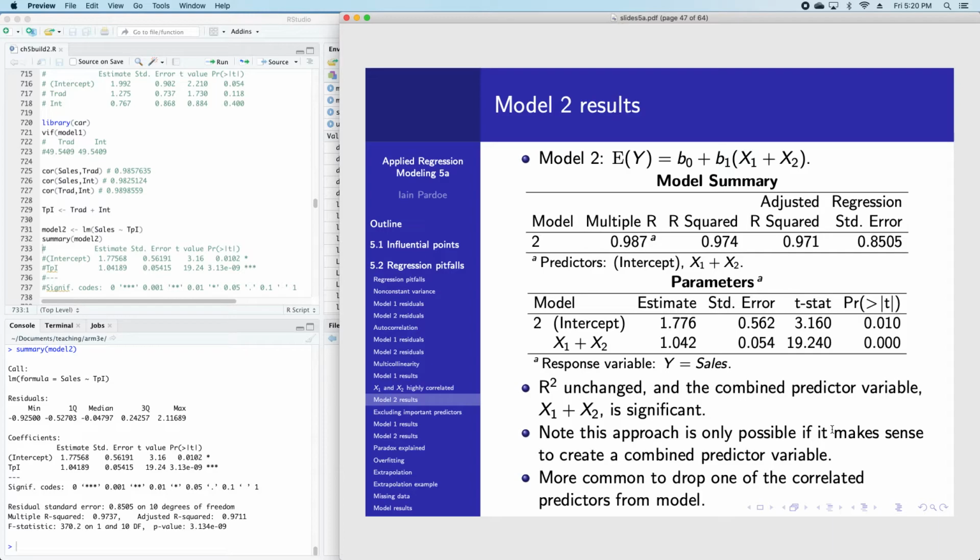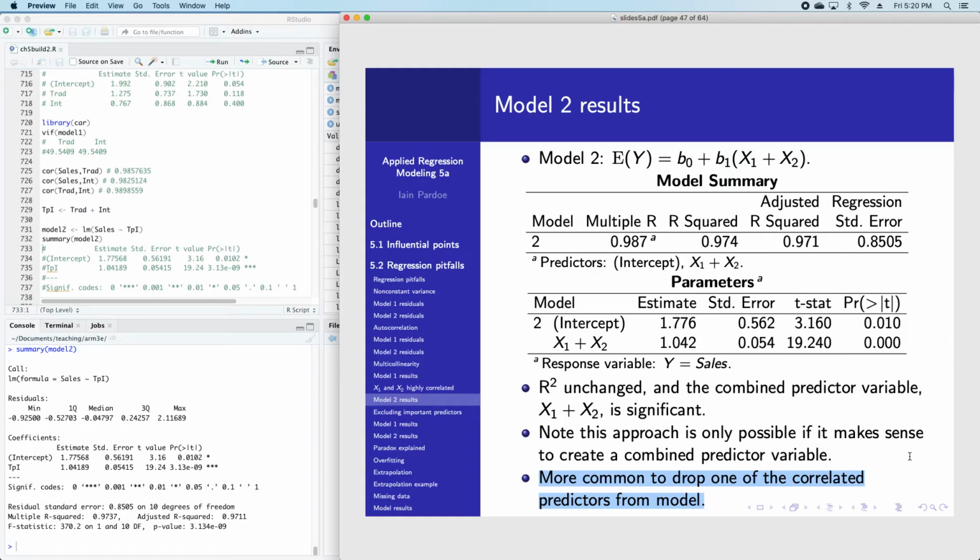So in this case, we were able to solve the multicollinearity problem because it made sense to combine the two predictors in this way. And once we did that, we get a model that's quite effective. As I said before, though, it's actually much more common to have to drop one of those correlated predictors from the model.